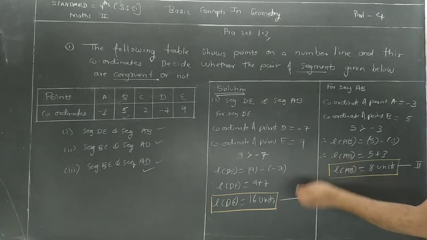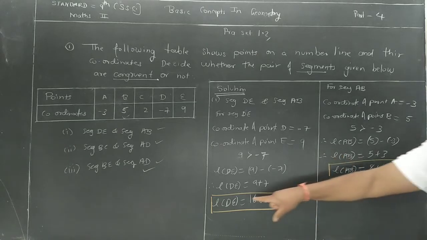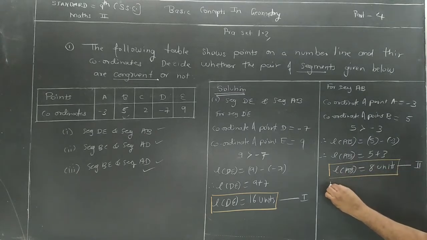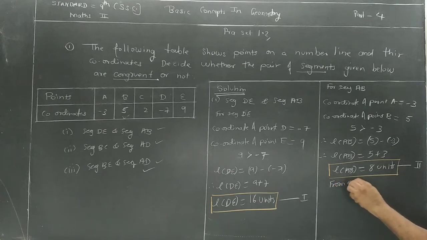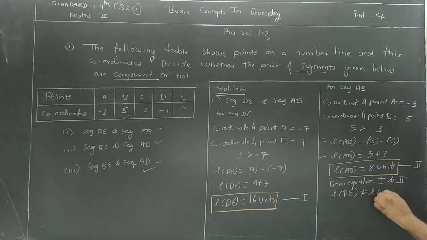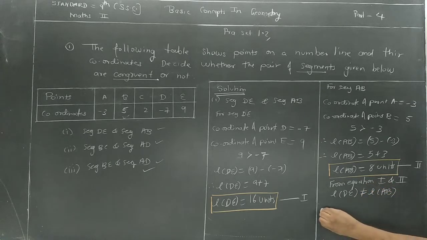Is it right? Now just check the equation 1, 16 units. Check the equation 2, 8 units. So what can I write then? We can write from equation 1 and 2, length DE is not equal to length AB.